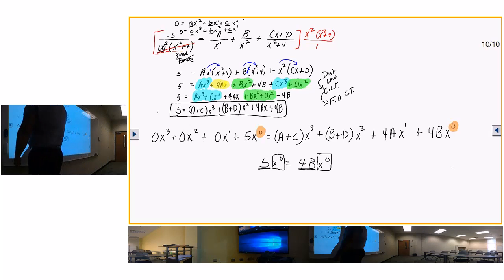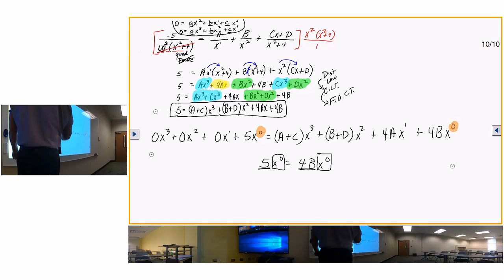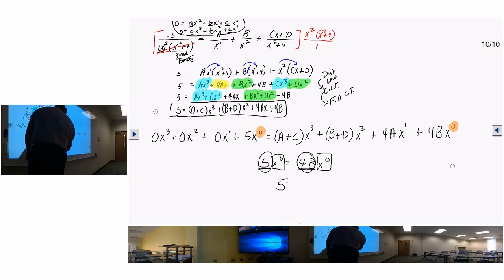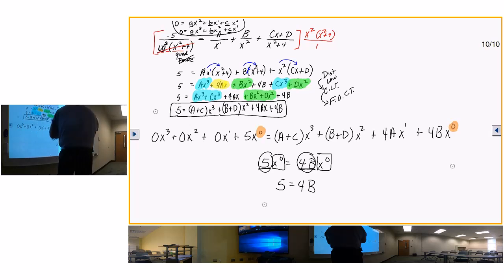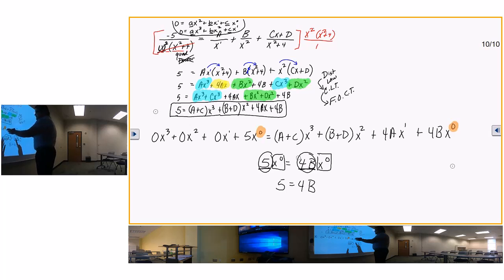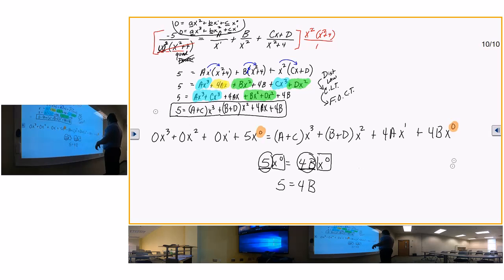Okay, that's what I was showing you up here. So that means that this coefficient is equal to this coefficient, so I can say 5 is equal to 4b. Now, it's very important that you understand this, because this is what you use in these type problems. You have to set these, like the orange equals orange. Let me go right here, show you this.